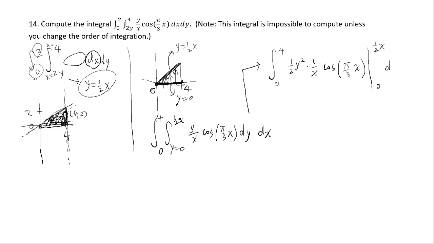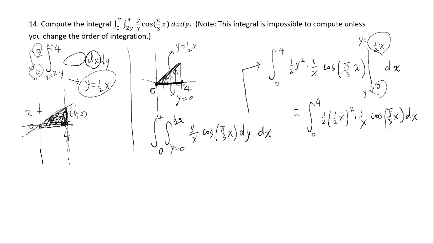And then you have to do dx. Now these values here are for y because we integrated by y. You don't plug them into x, you have to plug into y. So instead of y, you have to replace 1/2 x. So let's do that. 1/2 x squared times 1 over x cosine pi over 3 x dx.